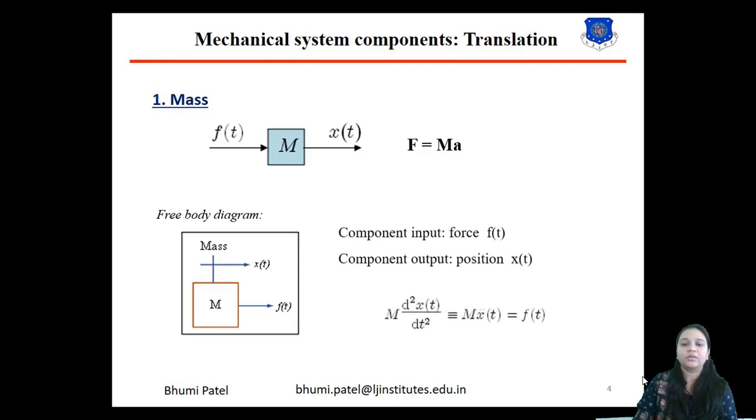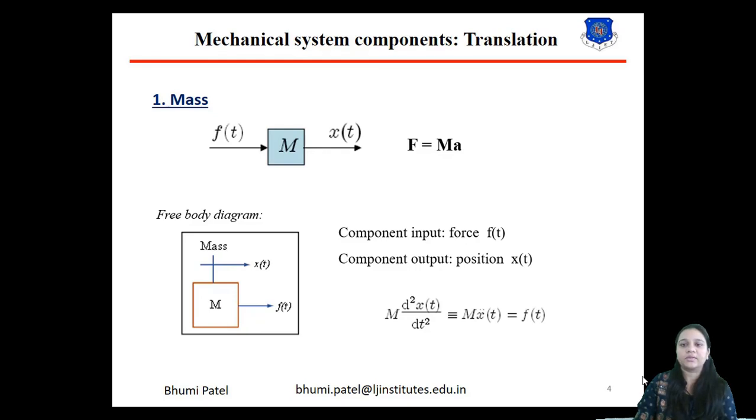The component input here is force f(t), the component output is position x(t), and further, according to Newton's third law, action and reaction are equal and opposite. Hence, a reaction force is produced in the body.